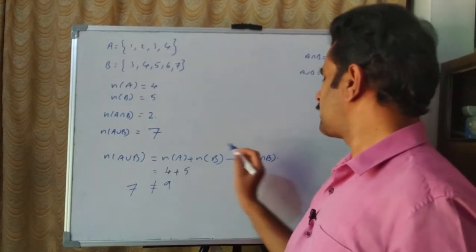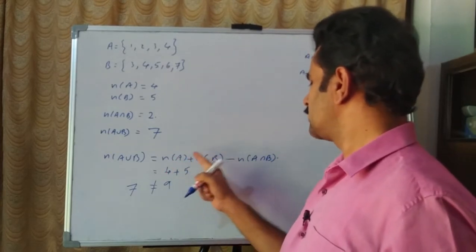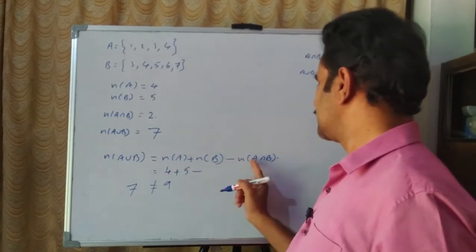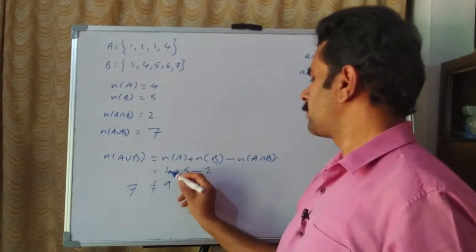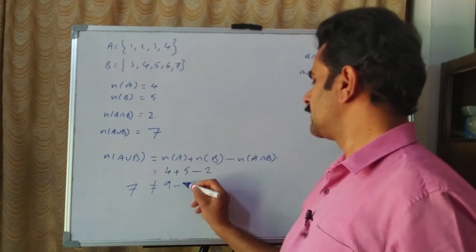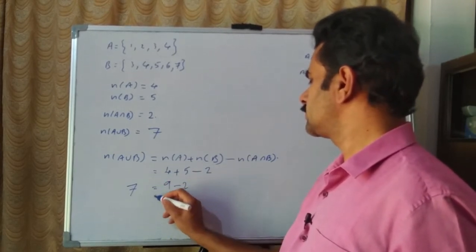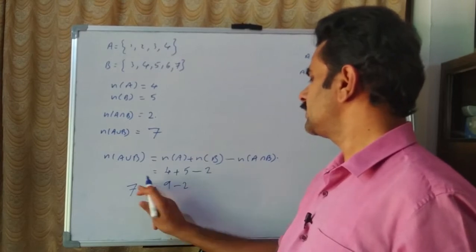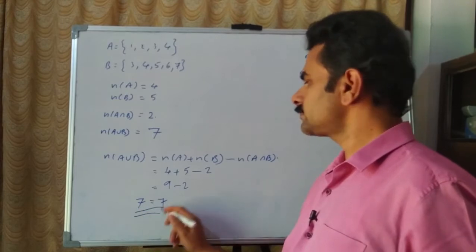When we subtract N of A intersection B from the total, it is 4 plus 5 minus 2. So 4 plus 5, 9, minus 2 is equal to 7. This is also 7, isn't it?